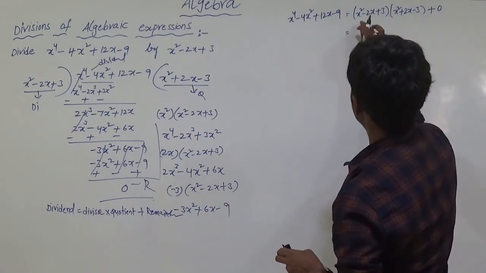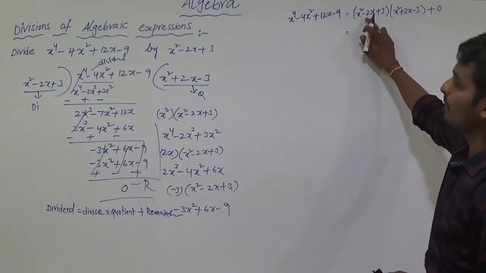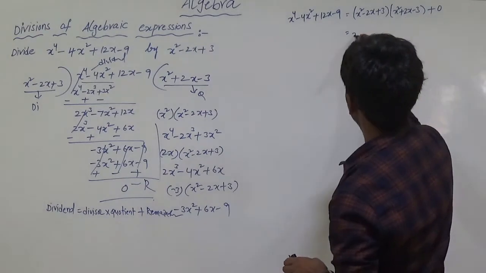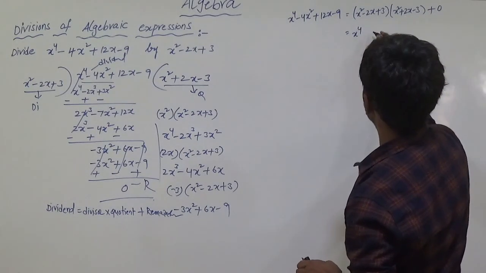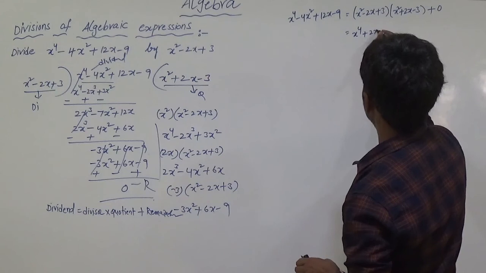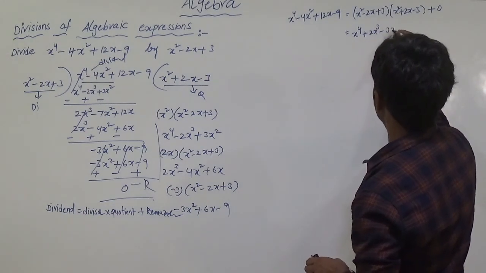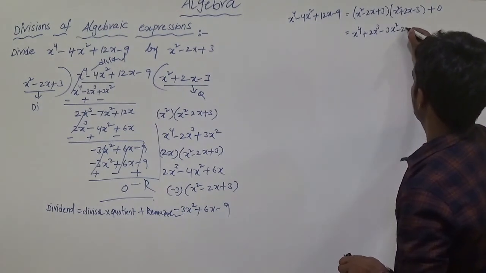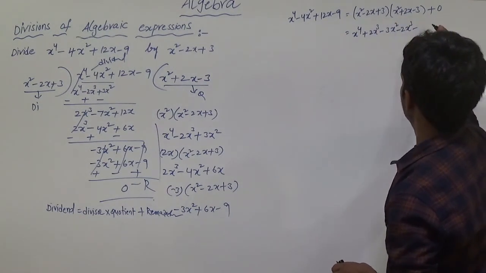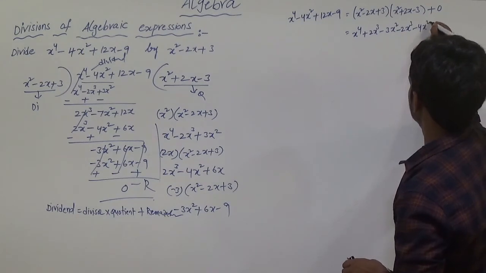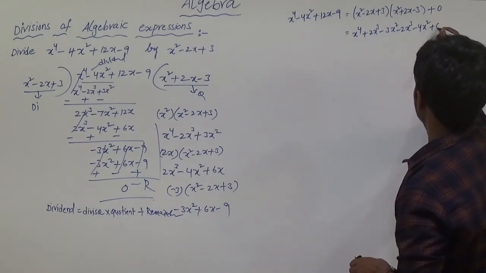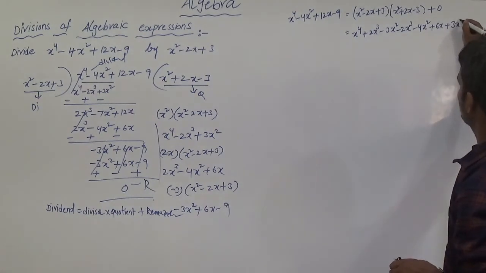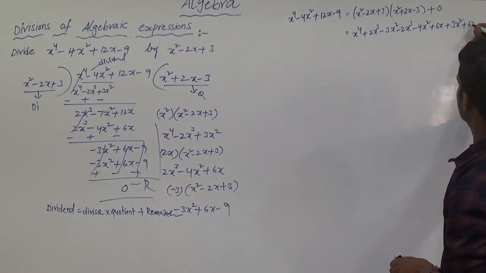So we have to multiply: x square into x square, x to the power of 4; 2x into x square, 2x cube; minus 3 into x square, minus 3x square; minus 2x into x square, minus 2x cube; minus 2x into minus 2x, minus 4x square... and minus into minus is plus 6x. Then multiply with 3: 3 into x square, 3x square; 3 2s are 6x; minus 9.